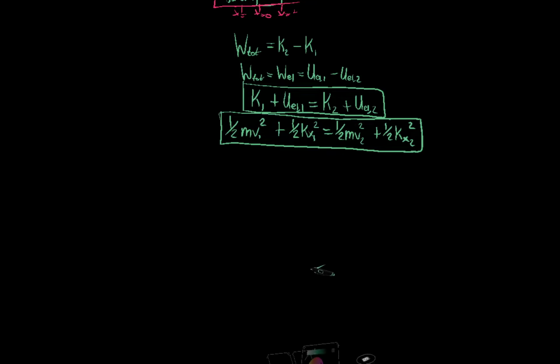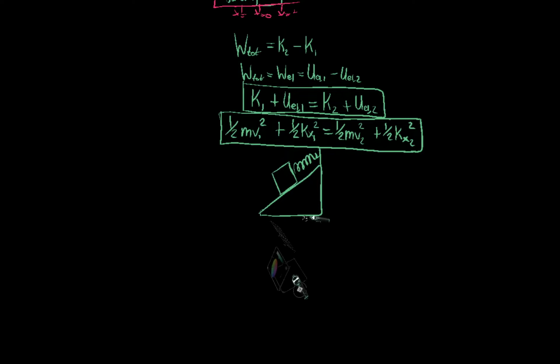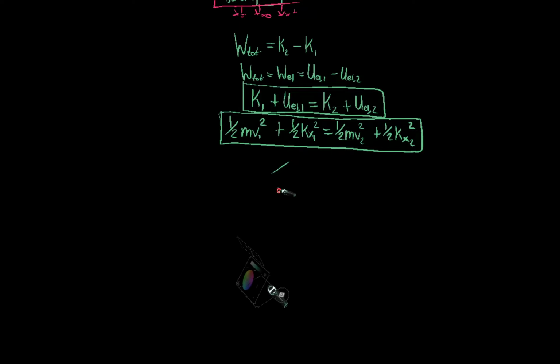Well, what if you have multiple things? What if you have things going on like this, where you have some sort of a spring on a block that's going up and down, right? Down a ramp and such. What then? Shouldn't we be able to deal with stuff like that when there's multiple things going on? Yeah, definitely.